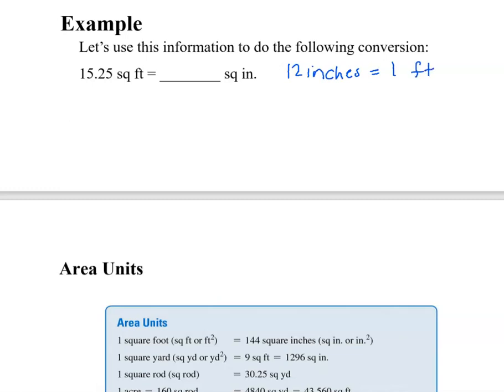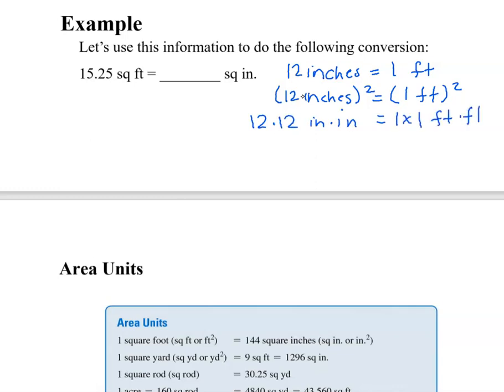Well, in order for me to know anything about square feet, I'm going to have to square both of these units. This is going to give me 12 times 12, inches times inches. This is going to be 1 times 1, feet times feet. So this would give me 144 inches squared in 1 times 1 feet squared.